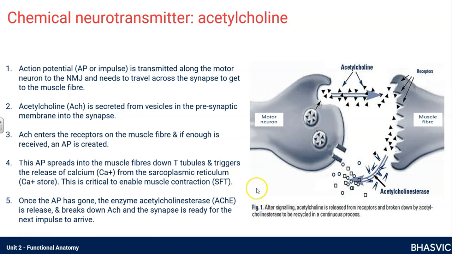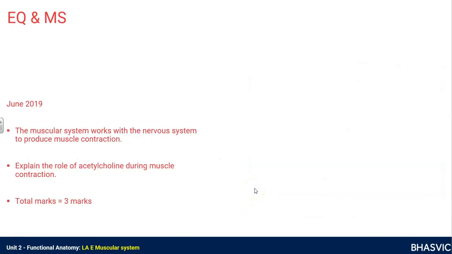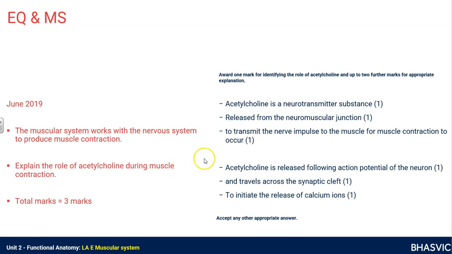So let's have a look at the two questions we've had so far on this topic. The muscular system works with the nervous system to produce muscle contraction. Explain the role of acetylcholine during muscle contraction for 3 marks. So you've kind of got to state what it is. It's a neurotransmitter, where it works in relation to the nerves and muscles, and what its function is. And they've given you a few different versions of what you could say.